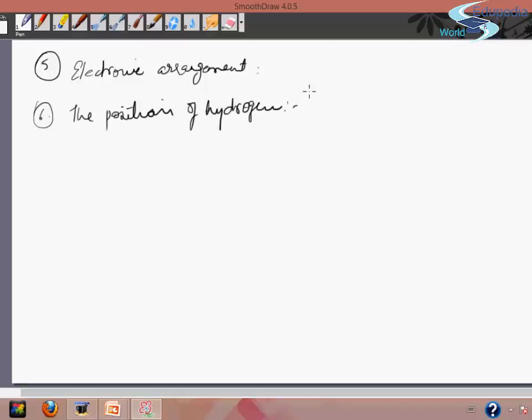Hydrogen was not given a fixed position. It was considered in group 1A as well as in group 7A because it forms a positive ion in HCl but also a negative ion in NaH, that is, when it forms hydrogen chloride or sodium hydride. This creates a positive ion and this creates a negative ion, so the position of hydrogen was not placed properly.